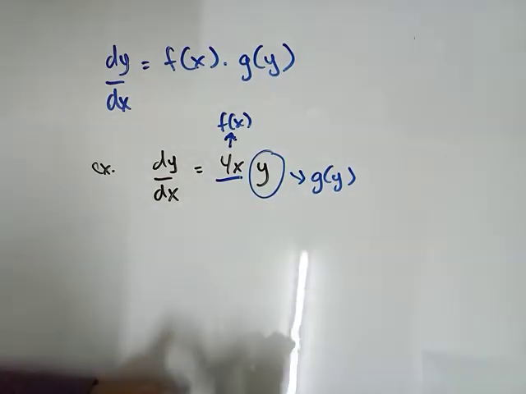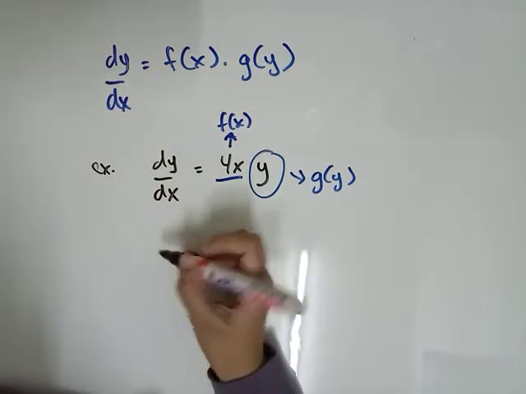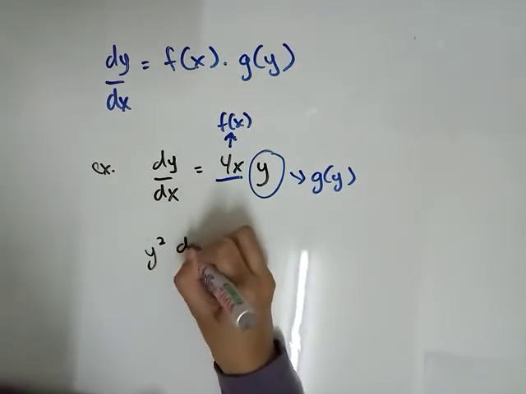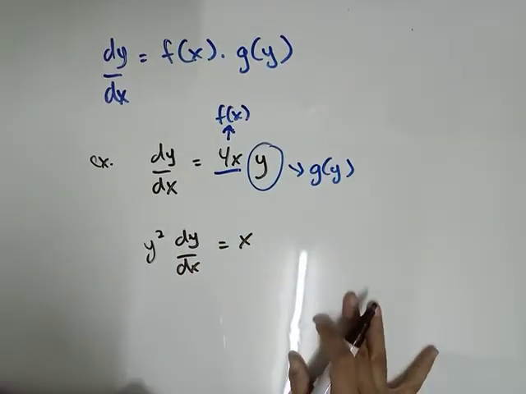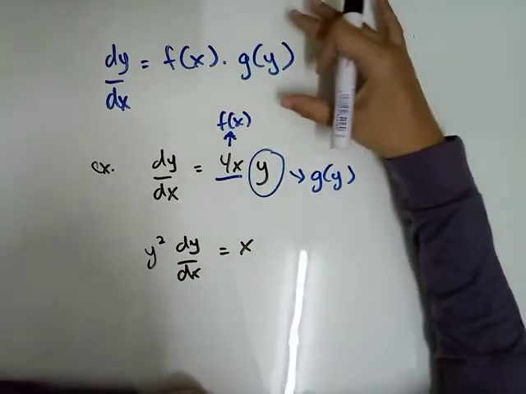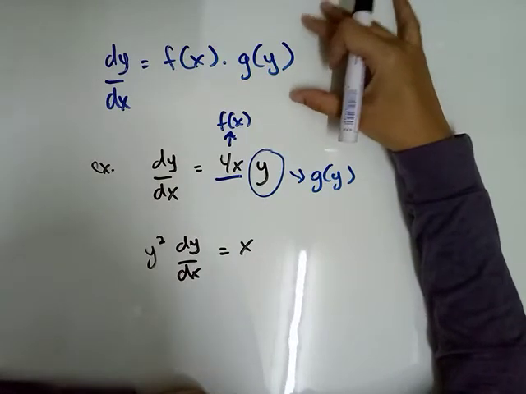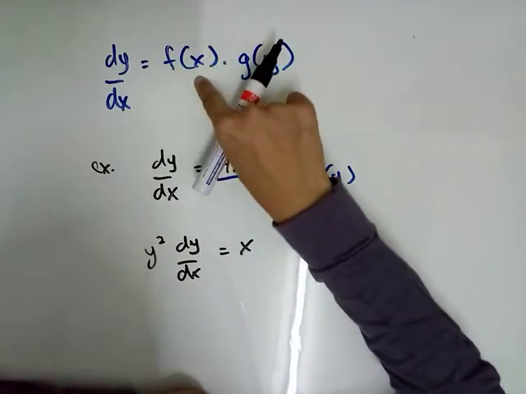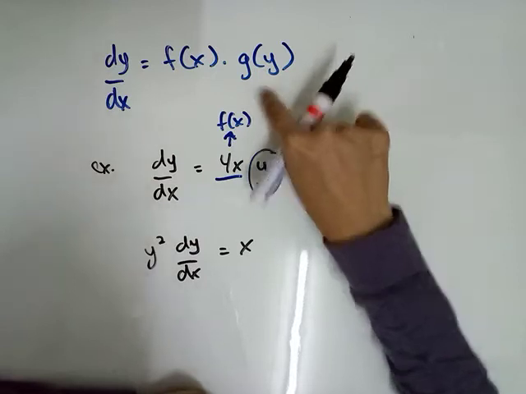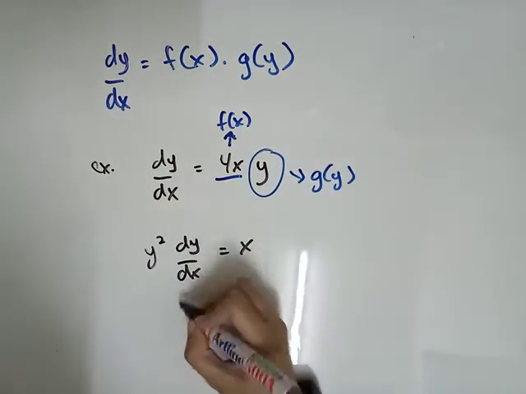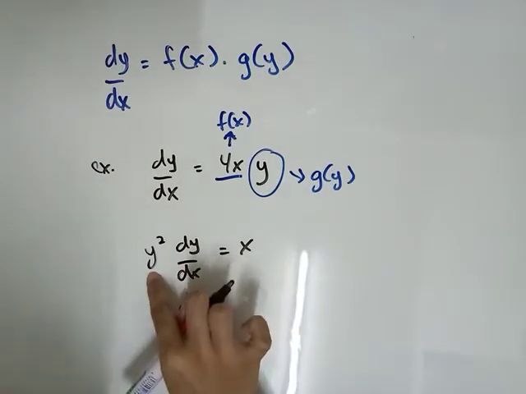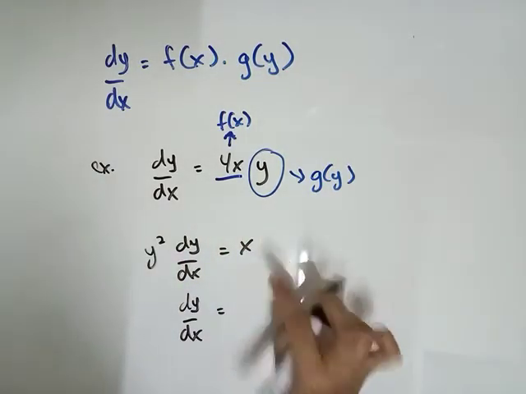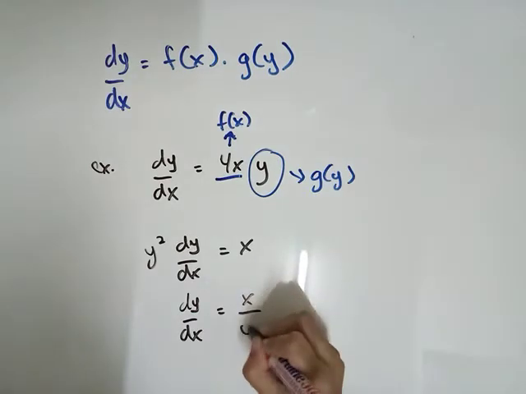Okay, another example, if we have y square dy over dx equals x, we need to write it in the form dy over dx equals f(x) times g(y). So dy over dx, kekalkan dia. Then y square, we need to move to the right side. It will become x over y square.